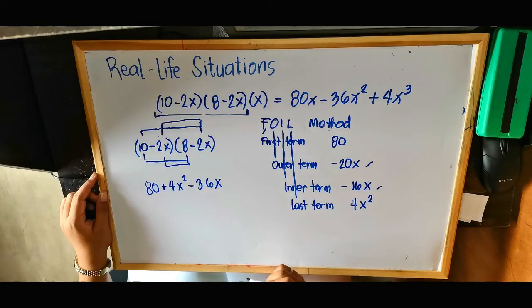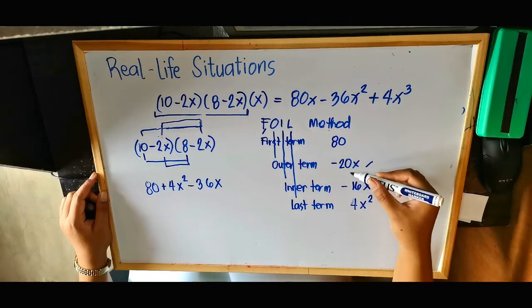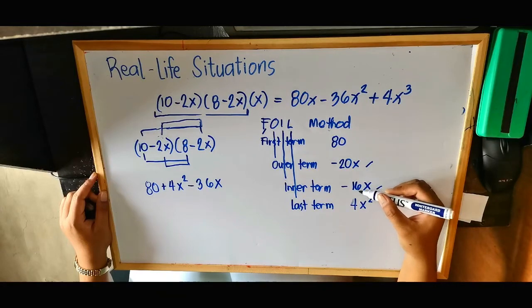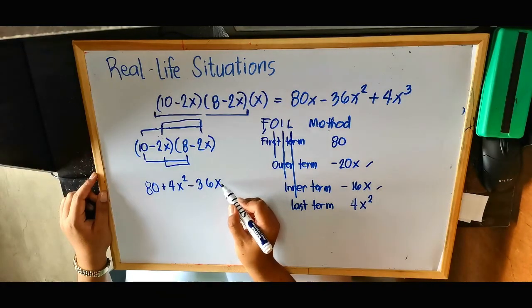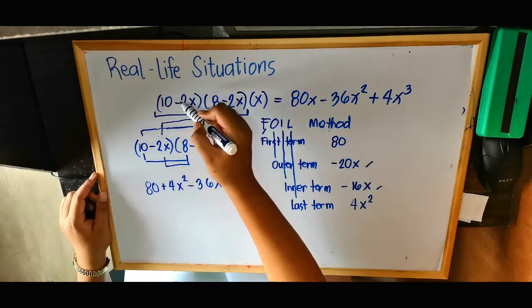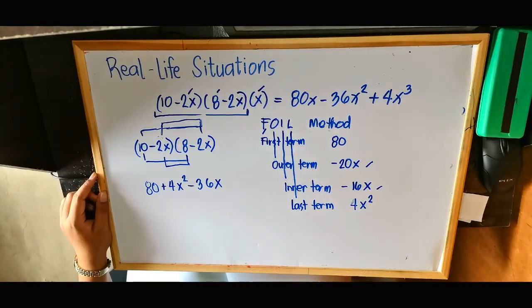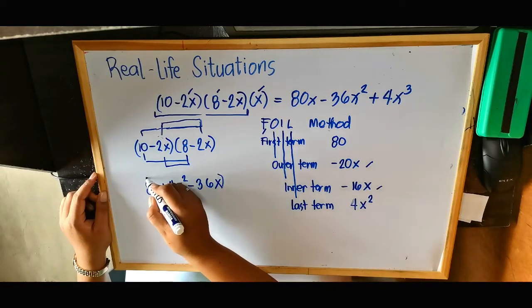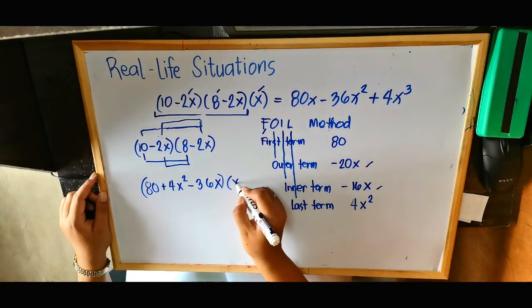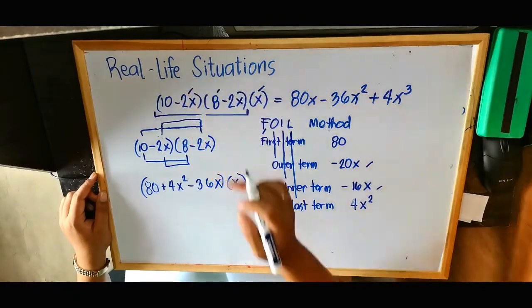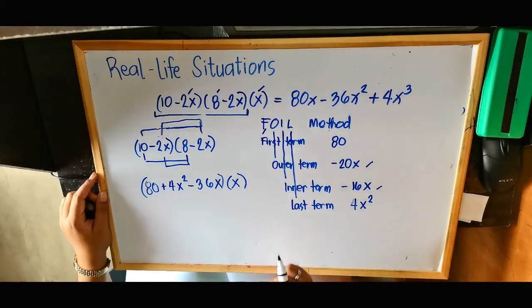Okay? Since they have the same sign, we add the values and then copy the sign. Now, this result comes from those two. So, we will multiply it by positive x for our height. So, the result of the two terms is multiplied by x.